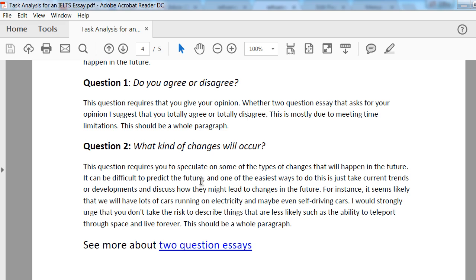And then the other one is stay away from things that are less likely or might never happen, such as time travel or living forever or teleportation throughout outer space. It's better to not do those. They're valid, but only use those sorts of ideas if you have to.